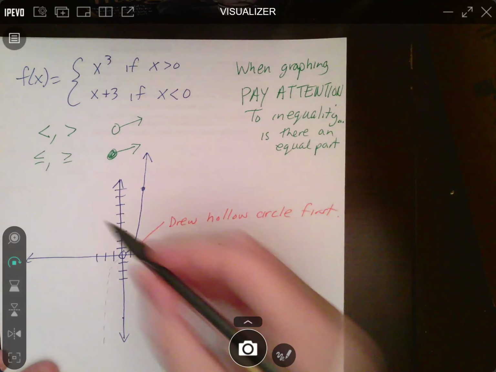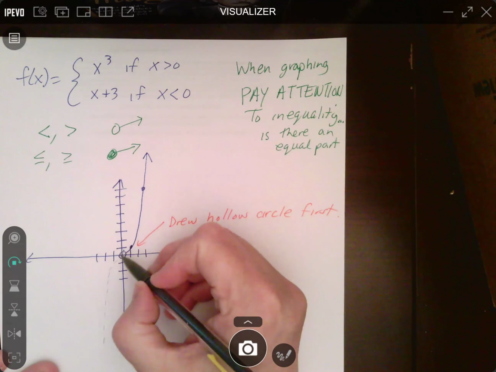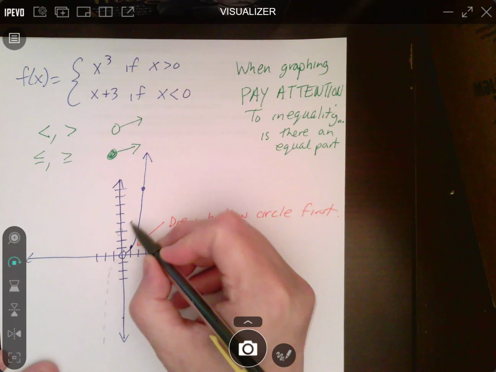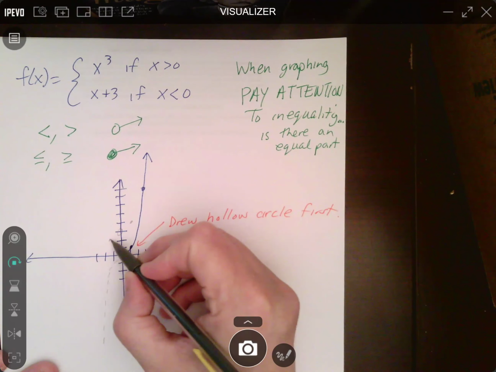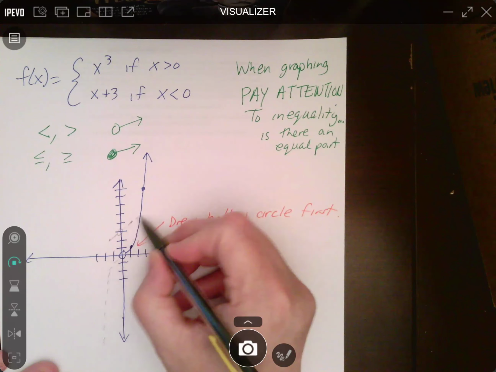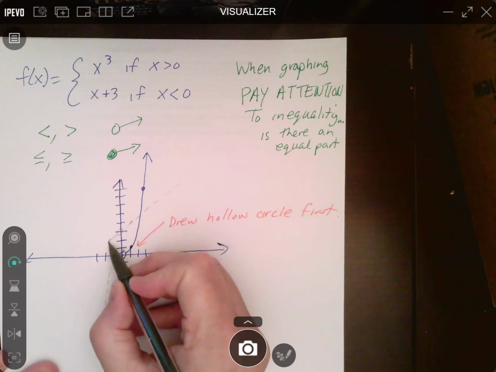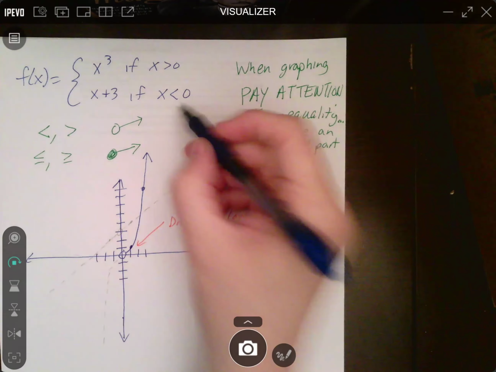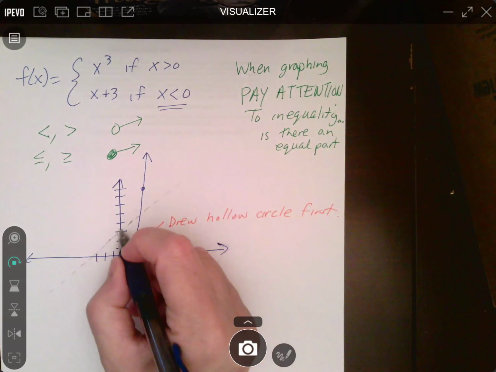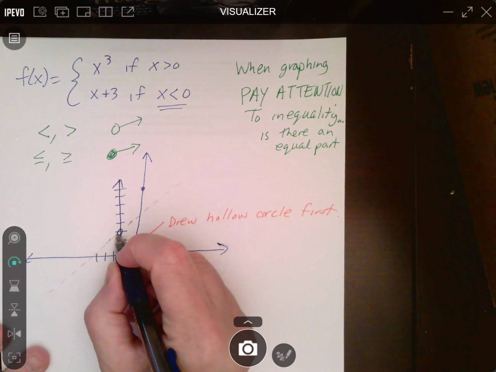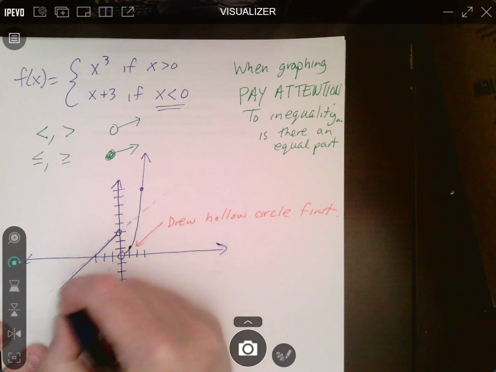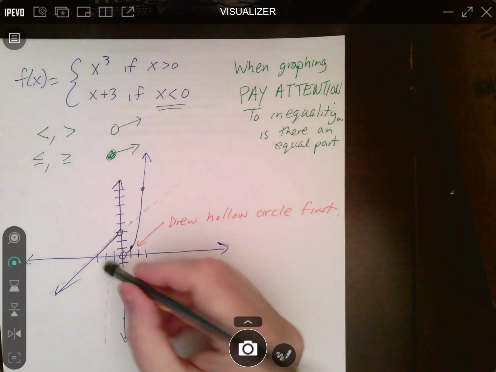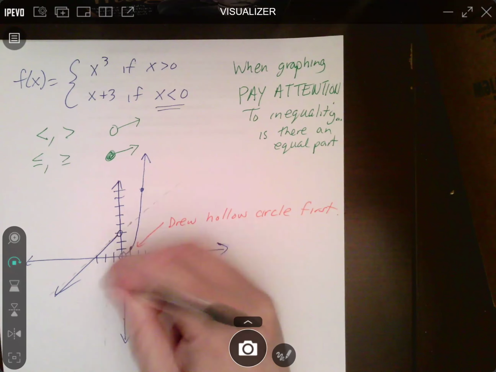And then x plus 3 is going to go through 1, 2, 3, and it would go along this line like that. And since we are doing x is less than 0, we start our circle there, and we bring it down. And then we don't want that pencil confusing things, so we're going to erase it.